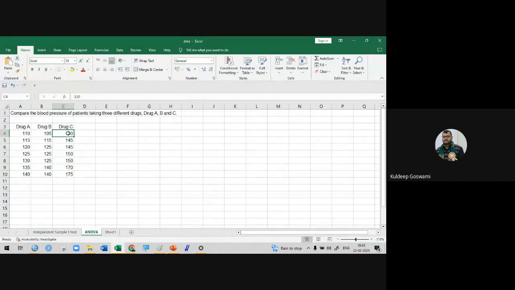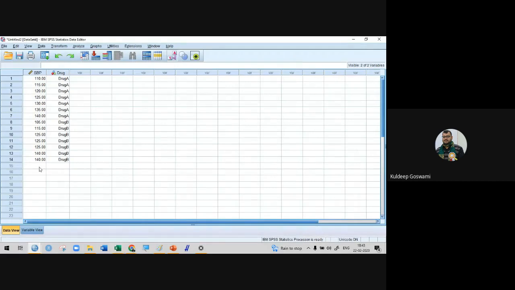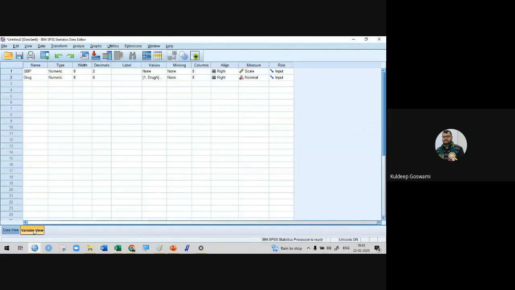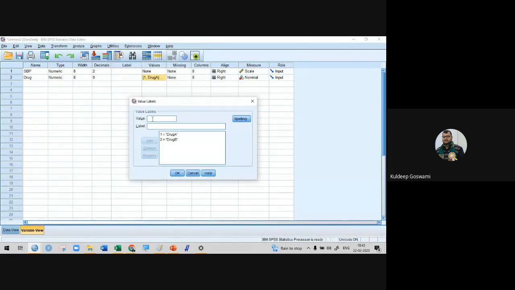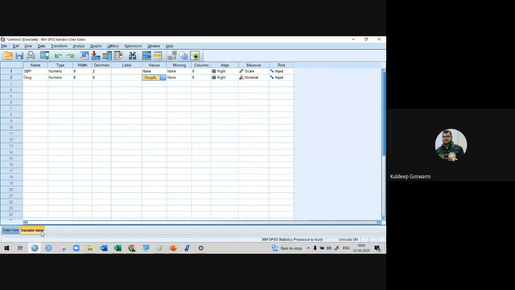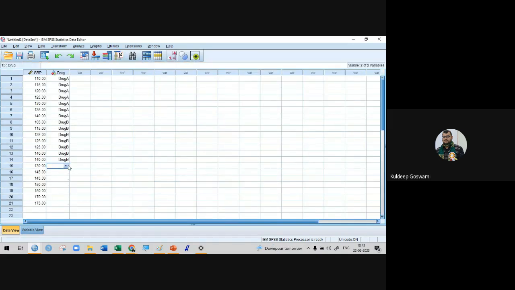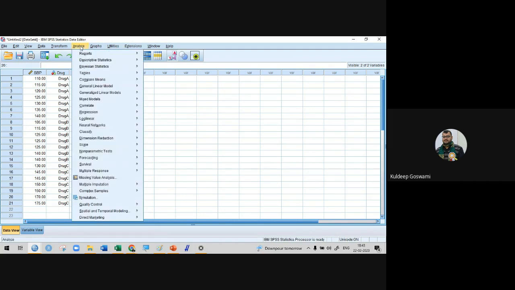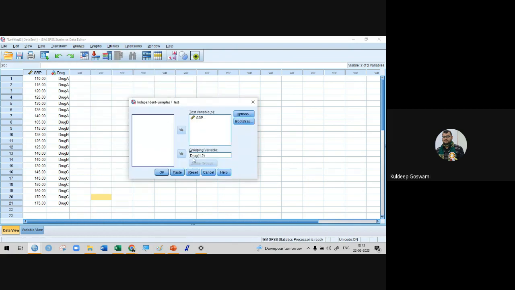So from here, I'll show you. Copy these things, put them here, and add drug C. Now, if you want to do an independent t-test, see the grouping variable.